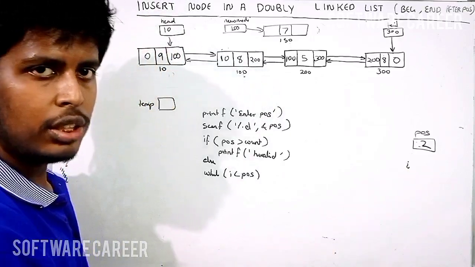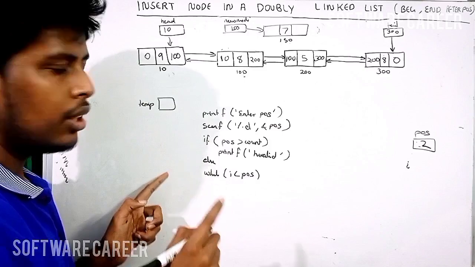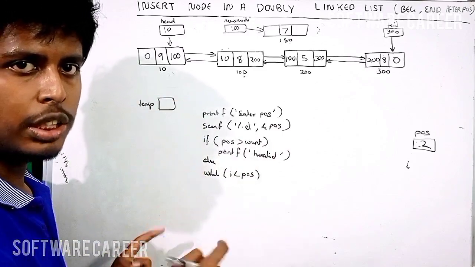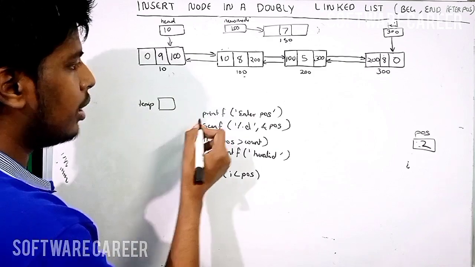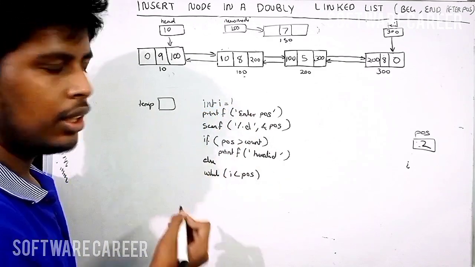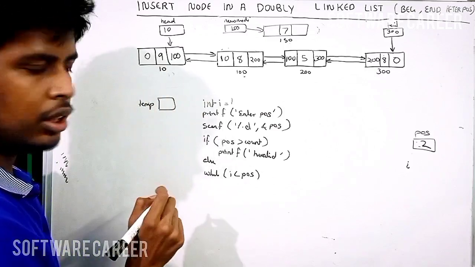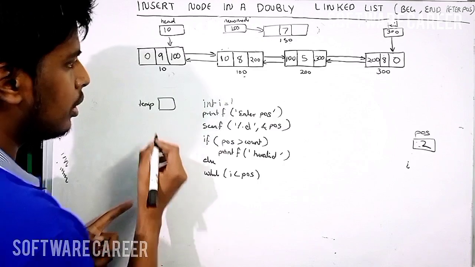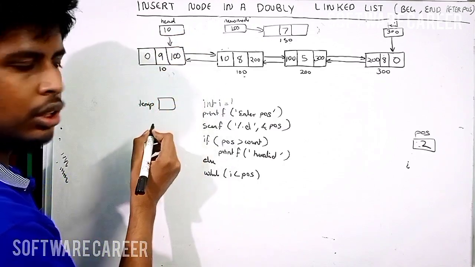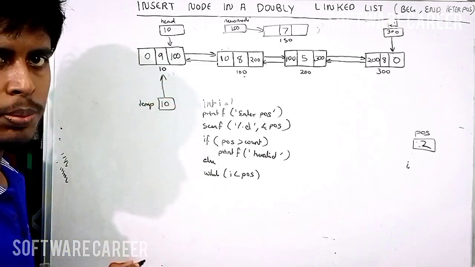It is a variable which tells at which node the temp pointer is pointing. At the start i will be 1, because at the start temp is pointing to the first node. So temp equals head, because head stores the address of the first node. So I am writing 1 into this, and temp is pointing to this position.